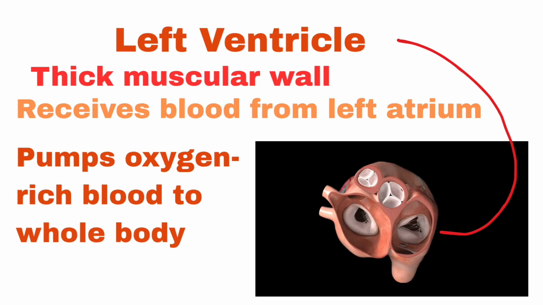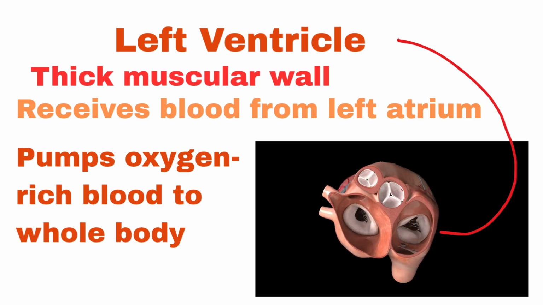The left ventricle is the lower chamber on the left side of the heart. It receives oxygen-rich blood from the left atrium, and the wall of the left ventricle is very thick and muscular because it has to pump blood with great force to all parts of the body.